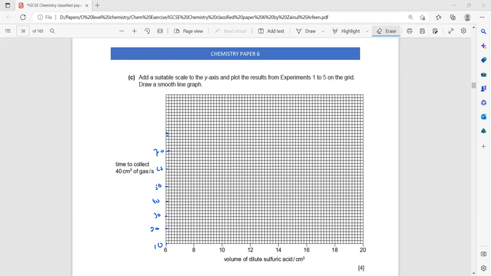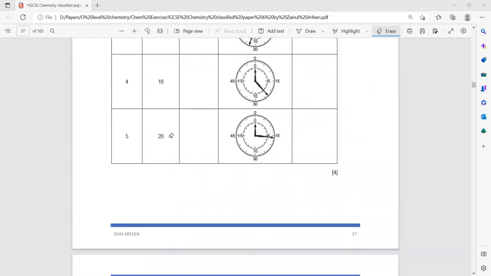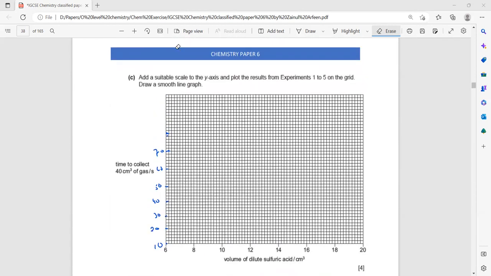Take 10 cm cube per second on the y-axis per 10 blocks. You can increase the scale as well. This one is the volume of 8, 10, 12, 16. At 8, the first experiment, it was 72.